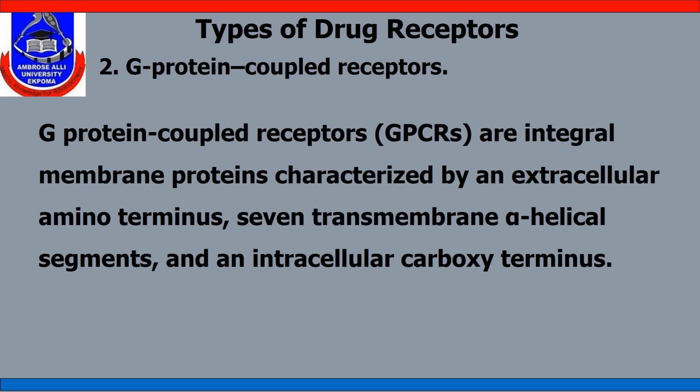Second on the list is the G protein coupled receptors. These are integral membrane proteins characterized by extracellular amino terminus with 7 transmembrane alpha helical segments and intracellular carboxyl terminus.